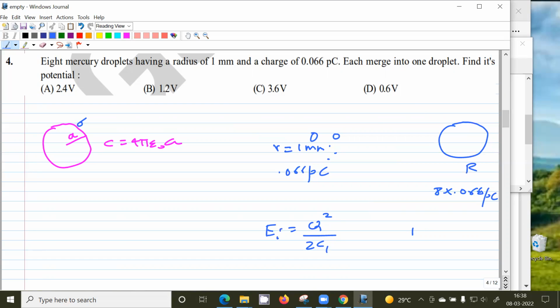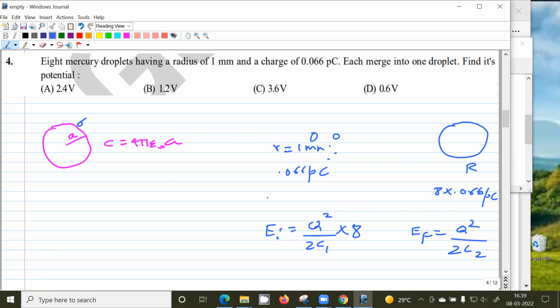The final energy is Q square by 2C. So we have direct formula now, sir. K Q by R, potential equal to. You don't have to find potential. Why do you want to find potential? They're asking find its potential only, no, sir.